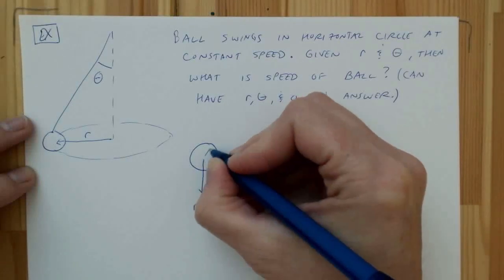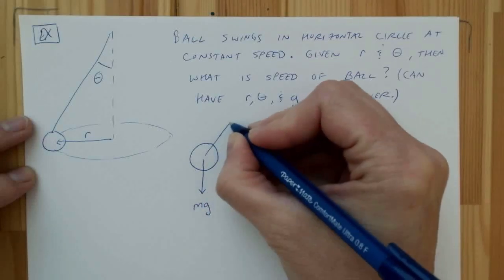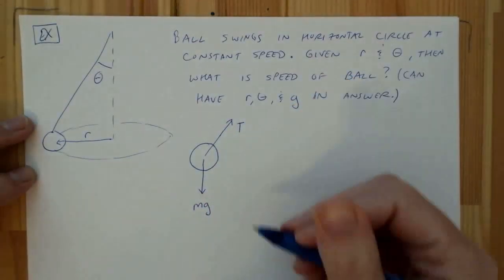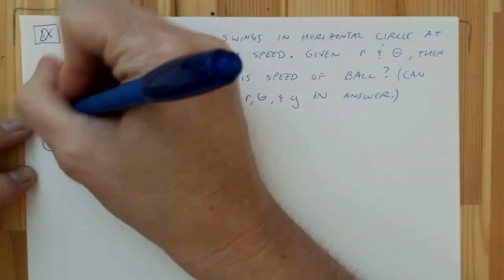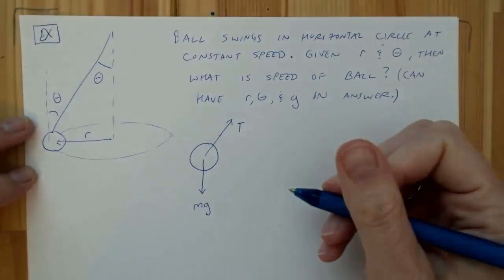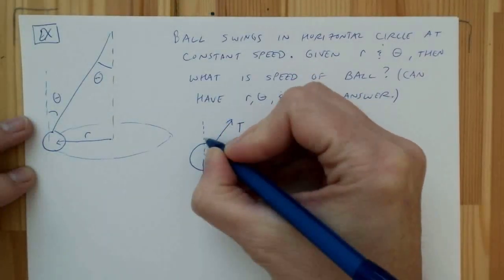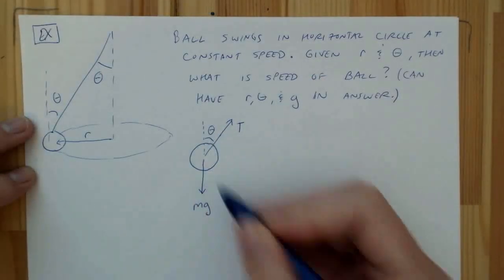So the tension goes along the direction of the rope, away from the object. And this angle, if this is theta, note that this is also theta here. So that allows us to say that this is the angle that the tension makes with the vertical axis.